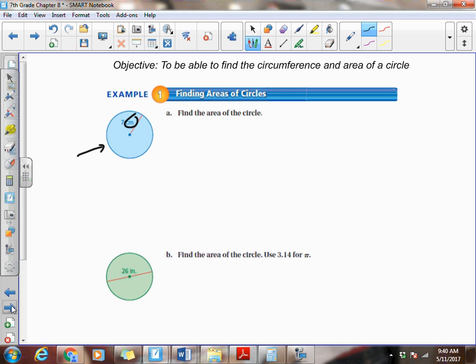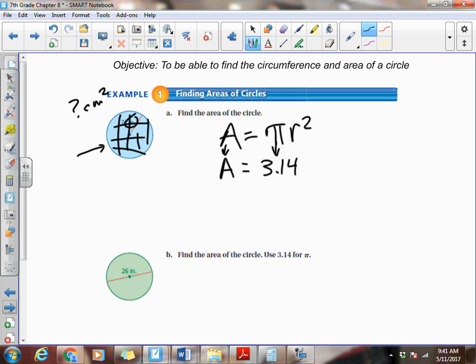To find the area of this circle, to find out how many square centimeters would cover it, we are going to write our formula. Area can be found by taking pi times the radius squared, or pi times radius times radius. We don't know what the area is, that's what we're trying to find. We do know that pi is approximately 3.14 or 22 over 7. And my radius is 7.